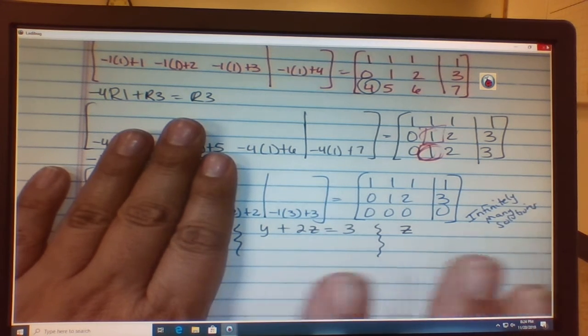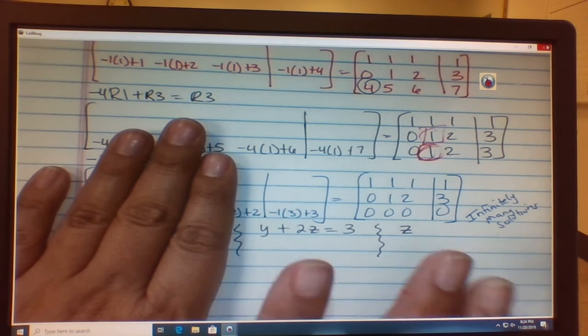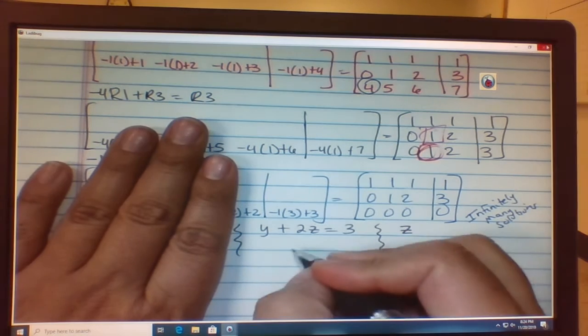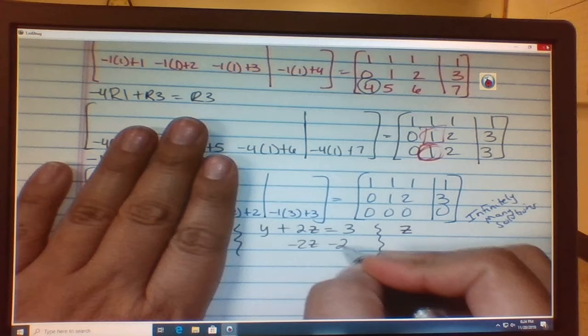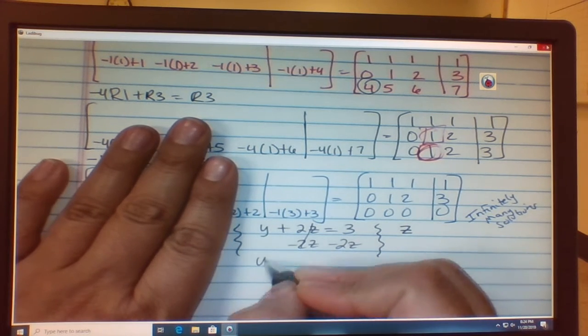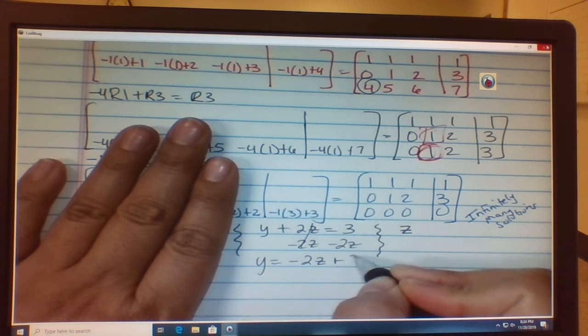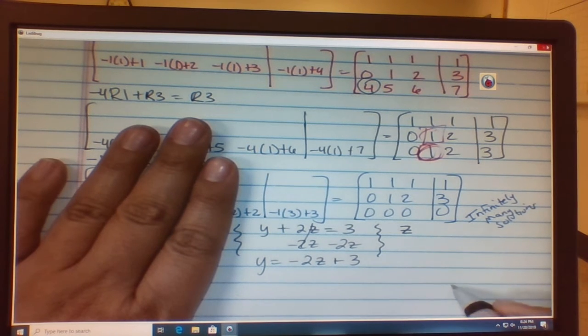No x, no anything else but that. So can I solve this for y? Subtract the 2z. So y equals negative 2z plus 3. So my answer here is z, and y is negative 2z plus 3.